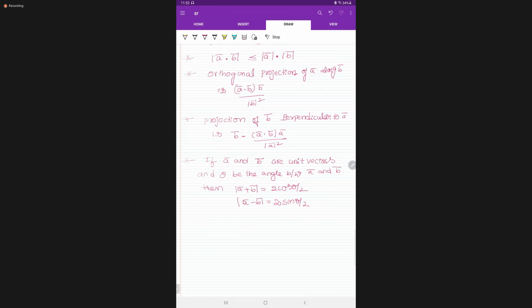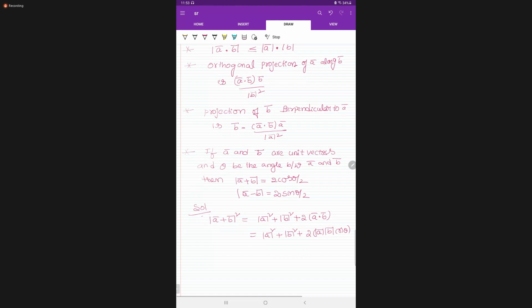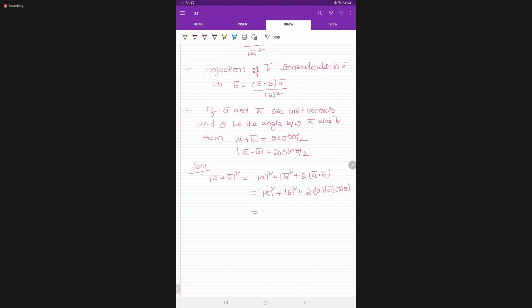This proof also there, students. Take modulus of a bar plus b bar whole square, which is equal to modulus of a bar square plus modulus of b bar square plus 2 times a bar dot b bar, which is modulus of a bar into modulus of b bar into cos theta. Since a bar and b bar are unit vectors, 1 plus 1 is 2.